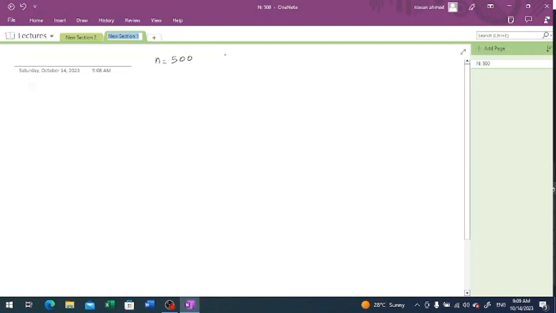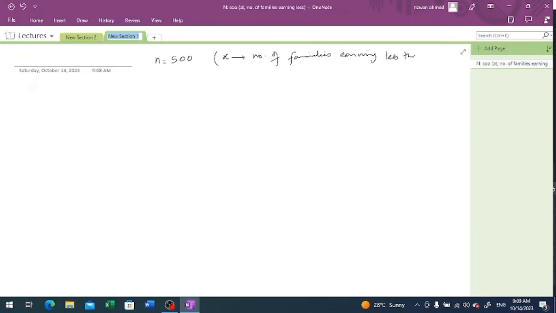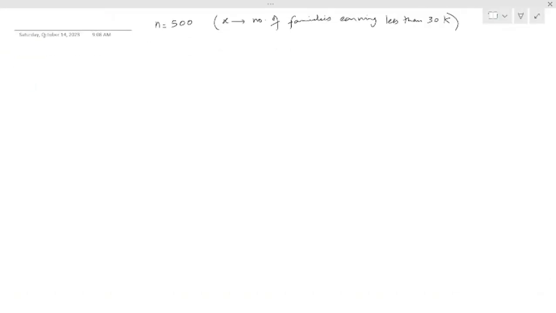X represents the number of families earning less than 30K. So it is definitely very difficult for them to make both ends meet.